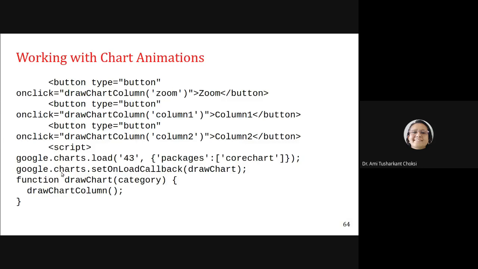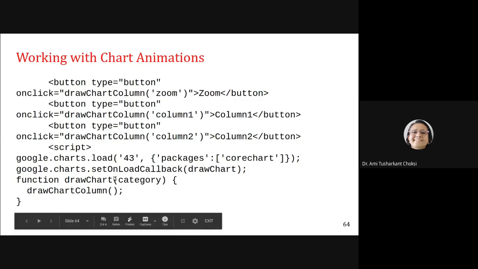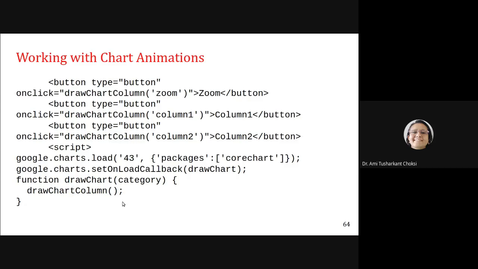Now google.charts.setOnLoadCallback, that is drawChart, right? We know that we need to call the drawChart function. Now here function drawChart, and then after what we are doing is drawChartColumn. So first of all we'll call this drawChart function, and that in turn calls the drawChartColumn function.